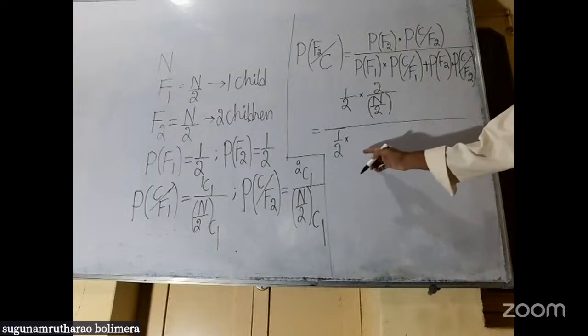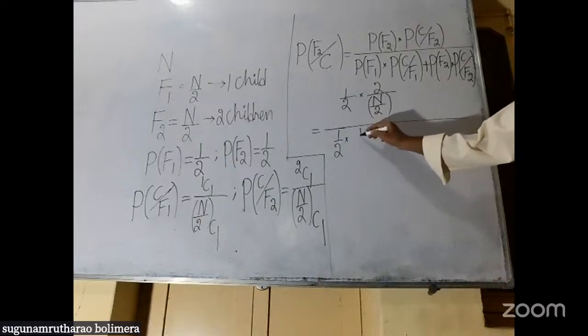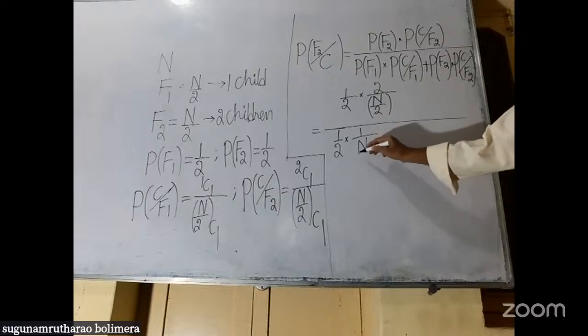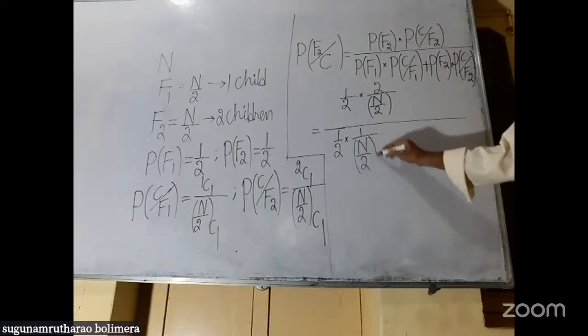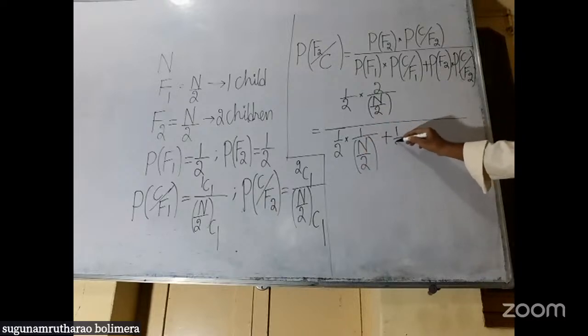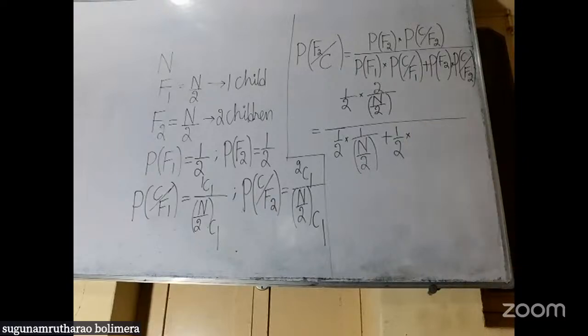Now 1 by 2 into 1 by n by 2, plus 1 by 2 into 2 by n by 2.